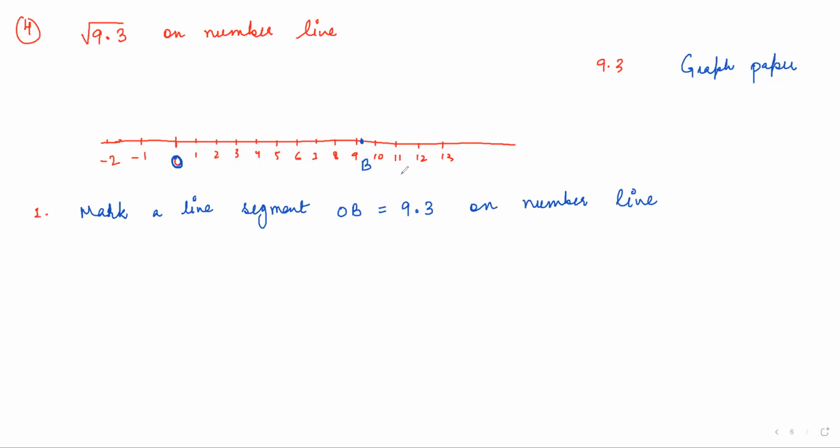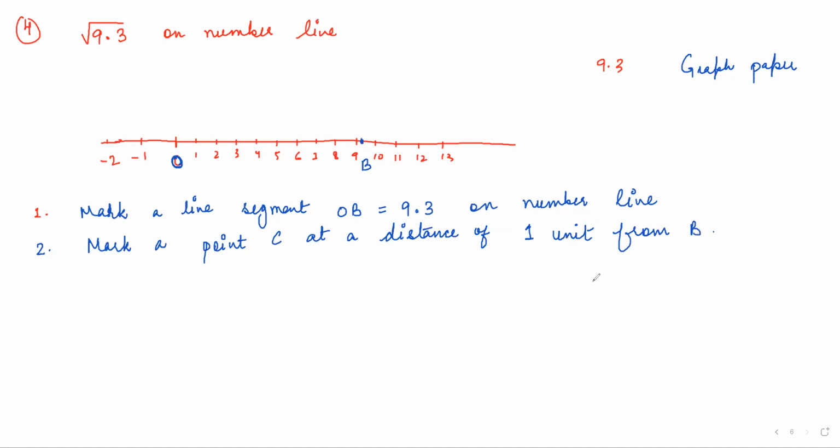Now you have to mark a point C. Write down, then we will do that. Now mark a point C at a distance of 1 unit from B. 1 unit means, see, it is 9.3.